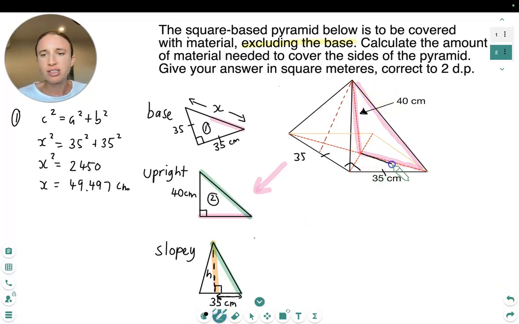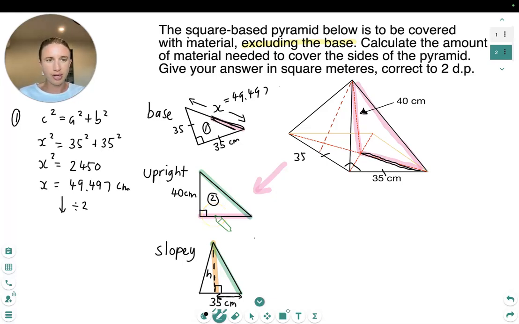Well, we know this distance because we just found it. Actually, this full distance across was 49.497. So this little pink distance here is going to be 49.497 divided by 2, okay? This distance, which is going to correspond with our upright triangle.